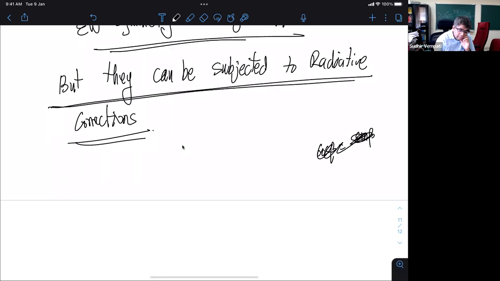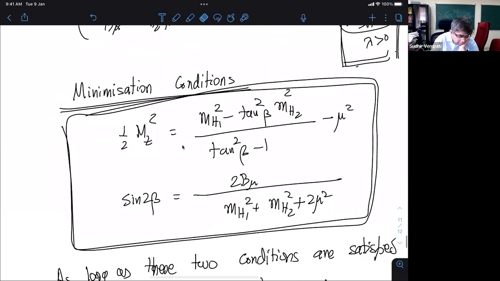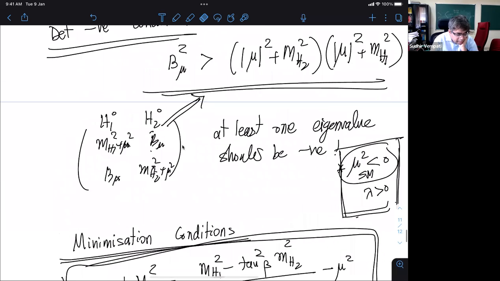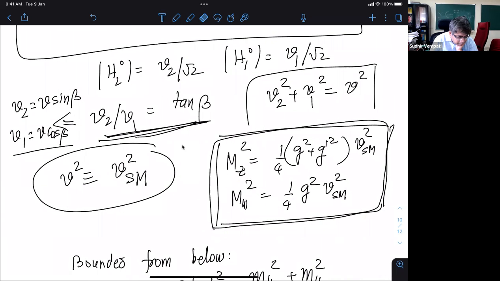Tan beta times sine cos. That's correct, I think. So sine beta becomes 1 in the limit of large tan beta, whereas cos beta becomes smaller.